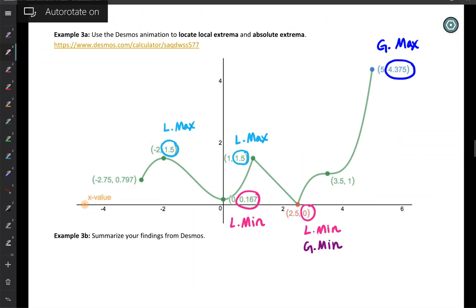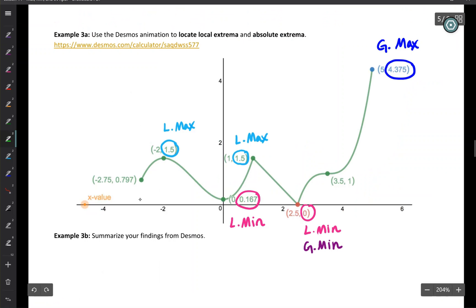When we're in this open interval, going from minus 2.75 up to 5, in the open interval is where we can have local or absolute extrema. The absolute extrema are the only ones that can occur at the endpoints, right?